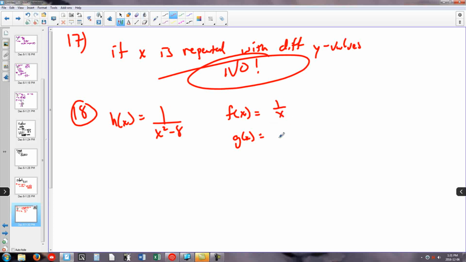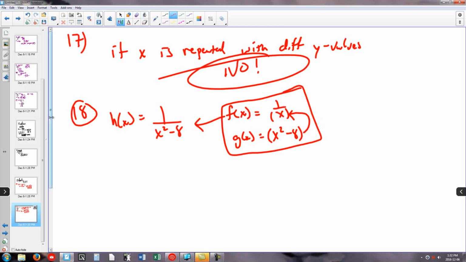You might say, well, what's the something? The something would be x squared minus 8. You can imagine me putting this in parentheses inside of that equation and creating the original h of x. That's the idea behind it. So these are my two solutions, those two equations.